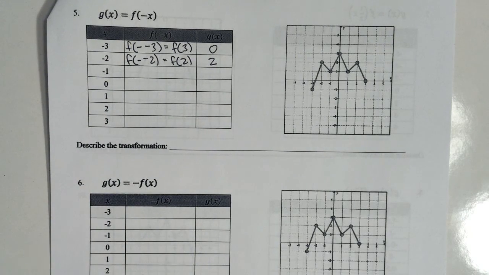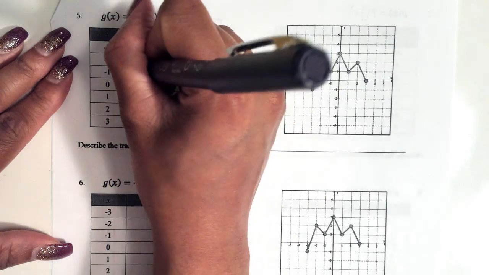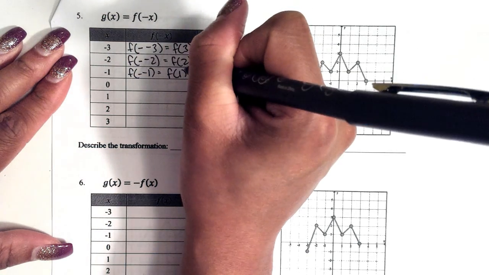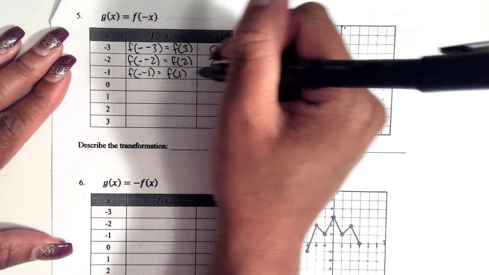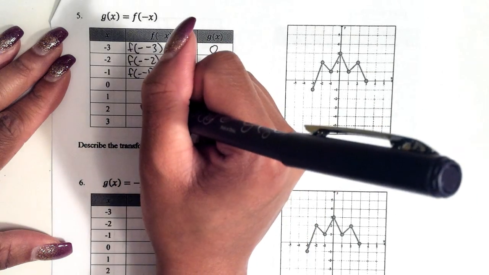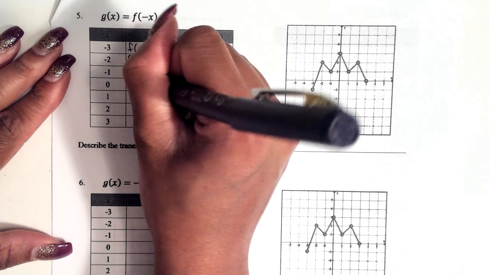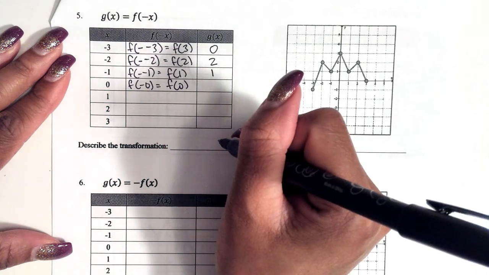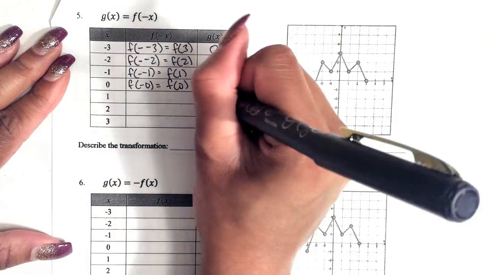Okay, so we're going to continue on with -1. So then we have f of minus a -1, which gives us f of a positive 1, and f of positive 1 is 1. So then we'll do f of -0, which is no such thing as a -0, so it's just f of 0, and f of 0 gives me 3.